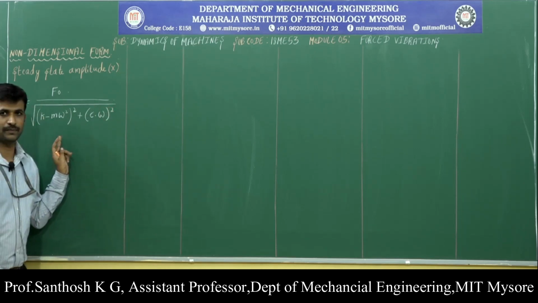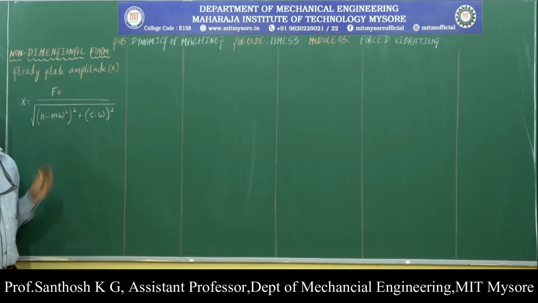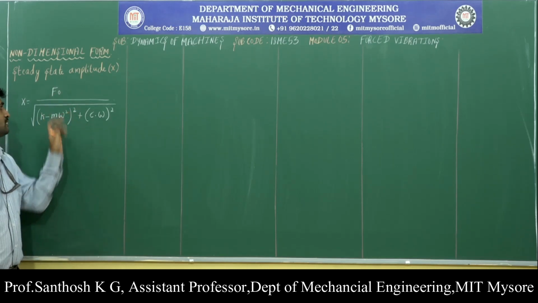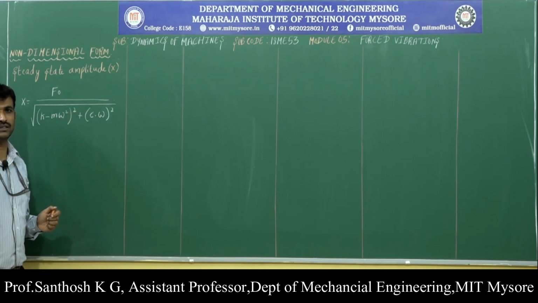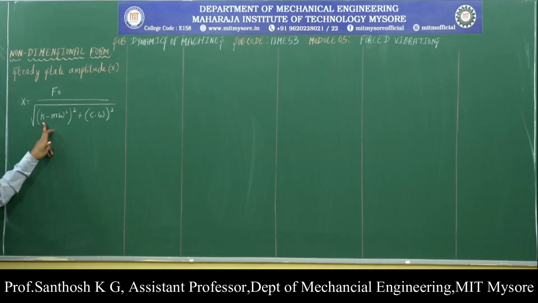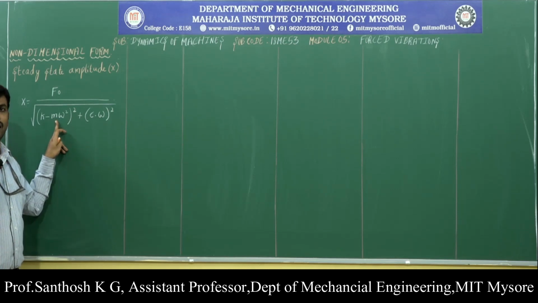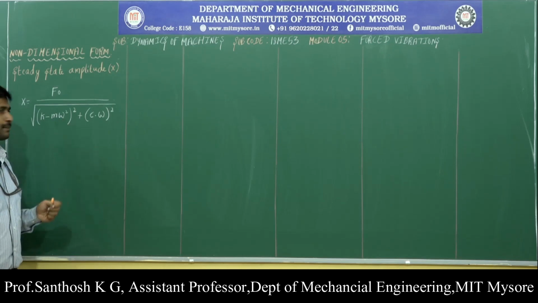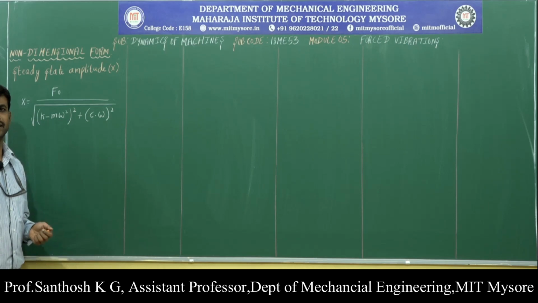This was the expression which I derived, and in this expression F naught represents the external force applied to the spring mass damper system, k represents the spring stiffness, m represents the vibrating mass, omega represents the external frequency, and c represents the damping coefficient.